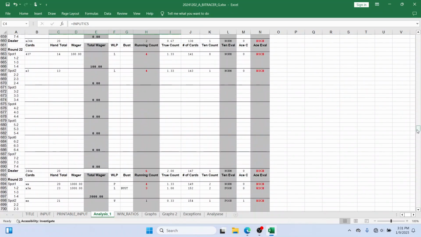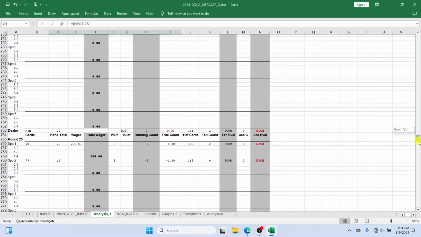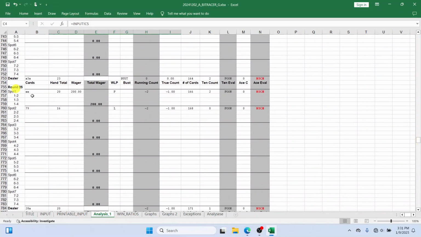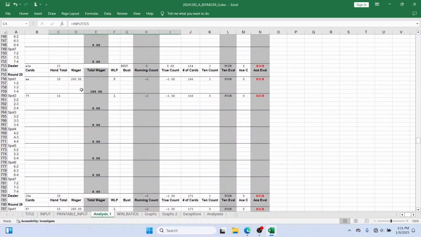So if we go down here a little bit more, you can see round 25, spot 1 has 2 10s. Hand total is 20, wager $200. Spot 2 has a 7 and a 9, hand total is 16.